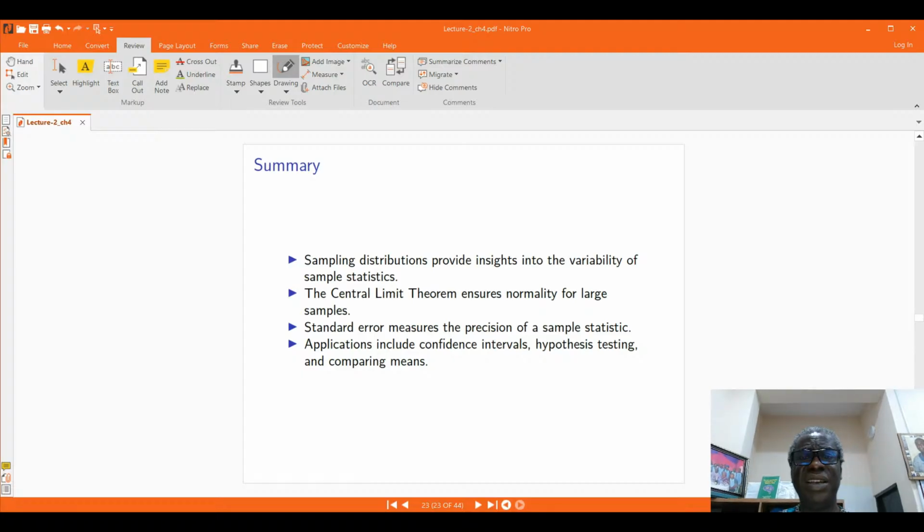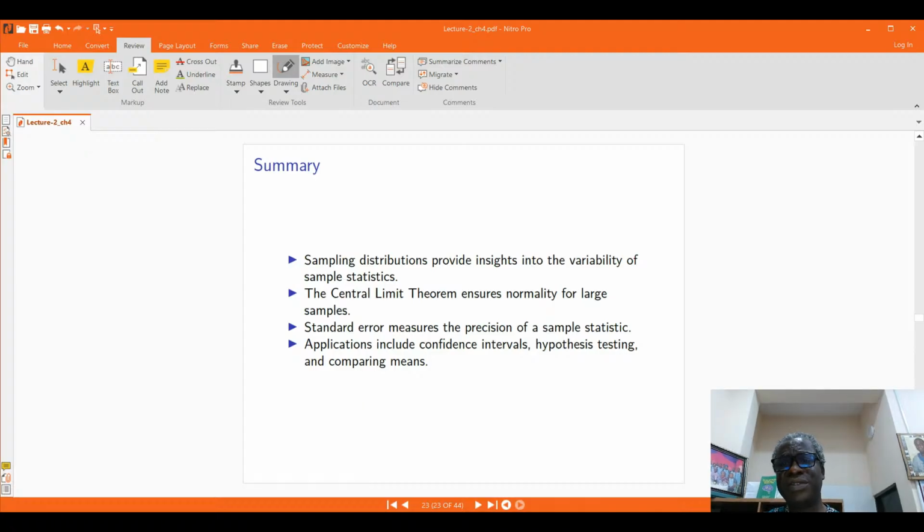So this is the summary of our discussion so far. We've talked about the sampling distribution. We started with the variability of sample statistics, and we have seen the central limit theorem, how it ensures normality for large samples.